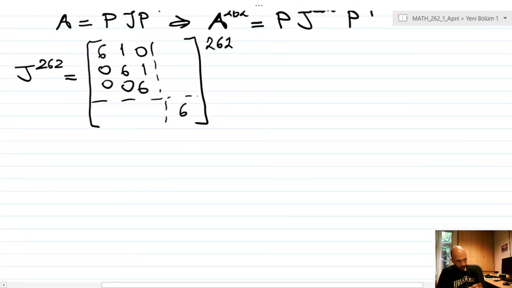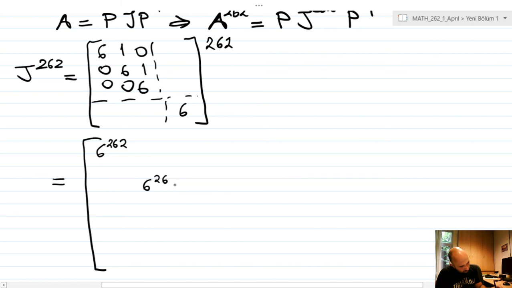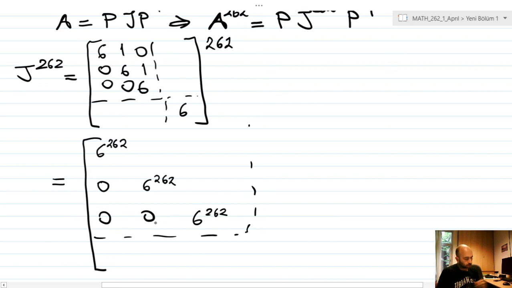Okay, we'll just write a slightly bigger one here. Now for the first 3 by 3 block, that's the non-trivial part. Diagonal entries are 6 to the power 262. This is the 3 by 3 block. Then below here you have zeros. It's going to be upper triangular.